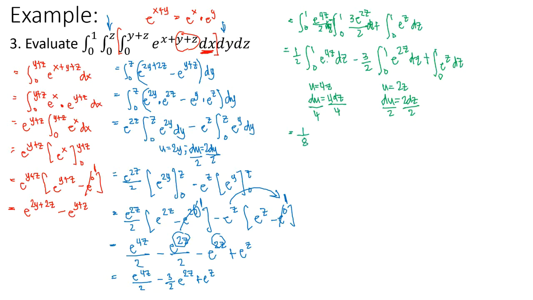Integral of e raised to u is e raised to u, where u is 4z. So we have e raised to 4z, minus 3 halves times 1 half, that is negative 3/4, e raised to u, where u is 2z. Then for this one it is as is. We have e raised to z from 0 to 1.